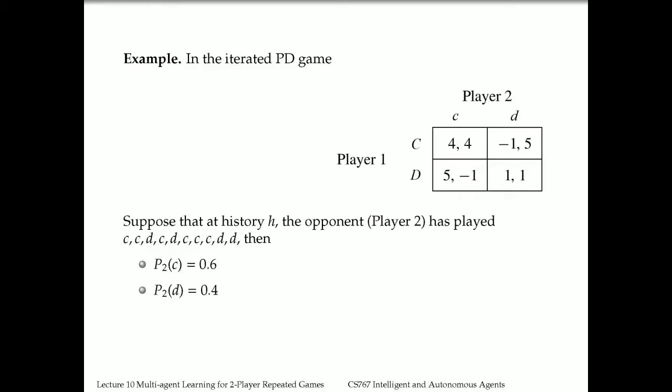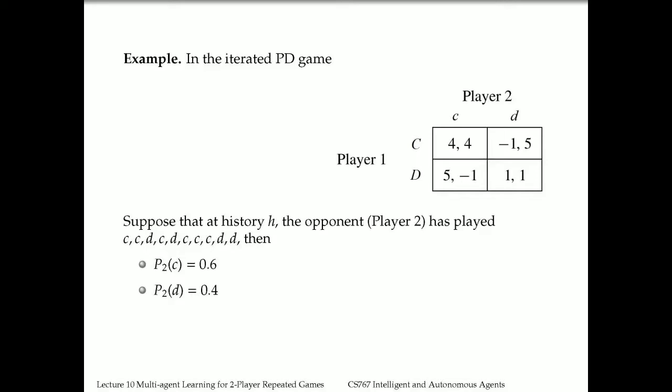Then the empirical distribution is a distribution over the two actions C and D, and C will have a probability of 60% because in the history, player 2 has adopted C 6 out of 10 times, and has adopted D 4 out of 10 times, so the probability of D will be 40%. It's really just counting how many times the opponent has adopted certain actions.